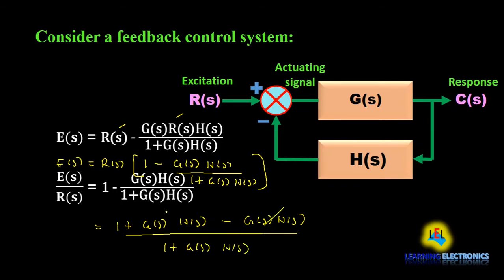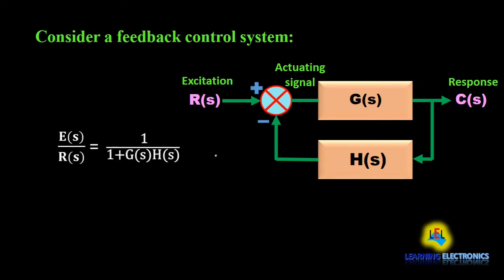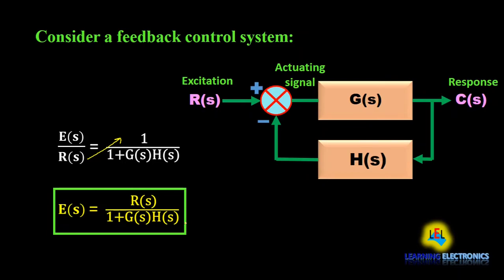This G(s)H(s) and this G(s)H(s) cancel out and we get E(s)/R(s) is equal to 1 upon 1 plus G(s)H(s). Now, multiplying R(s) to the numerator, we get E(s) is equal to R(s) upon 1 plus G(s)H(s). This is the equation of the actuating signal.